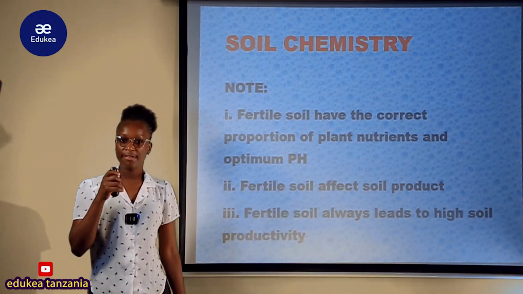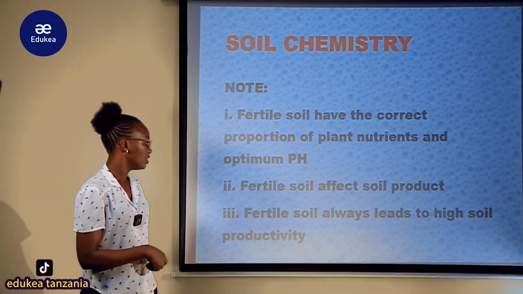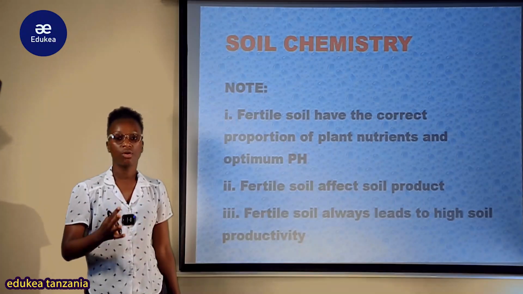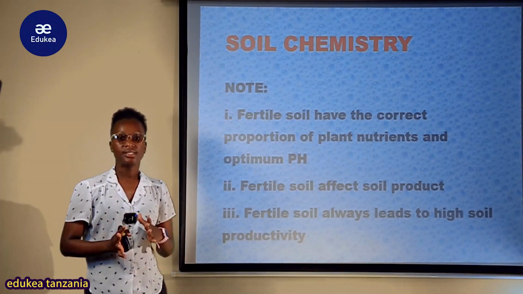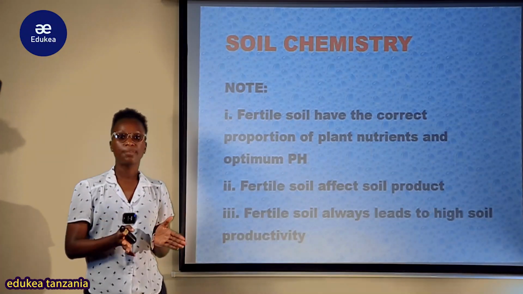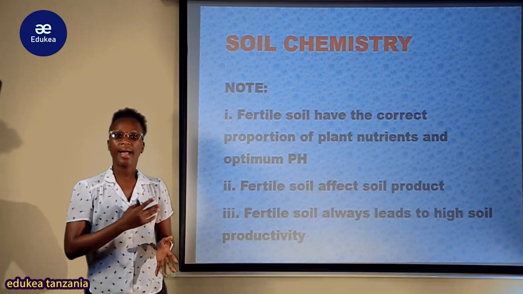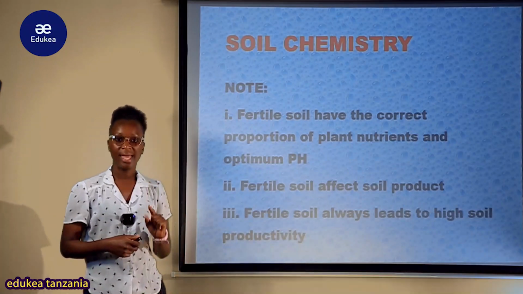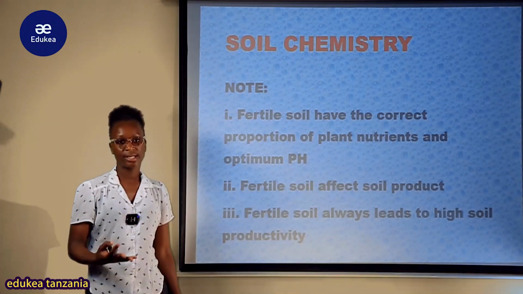Tunapoongelea fertile soil tunaongelea ile soil ambayo yes it is made up of those required plant nutrients, but also ina hiyo optimum pH. Kwa hiyo kama hii fertile soil itakuwa na hivyo vitu ambavyo ni main ones, simply it leads to high soil productivity.